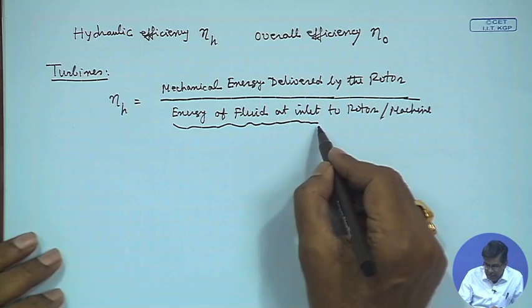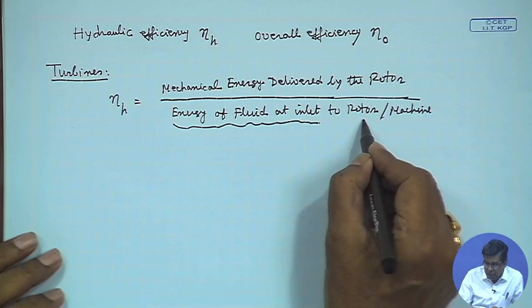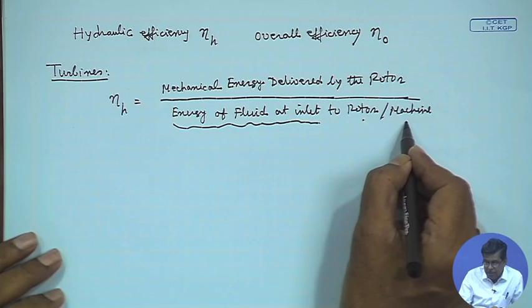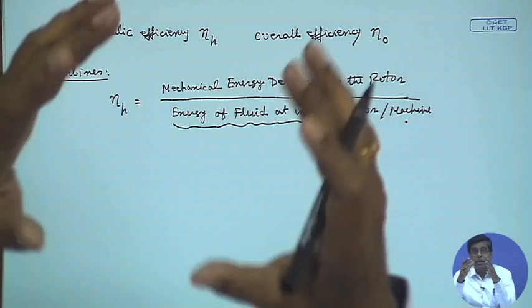Now, here the energy available at the inlet to the rotor and to the machine is the same, since the stator is a fixed member and does not move. So, there is no mechanical energy transferred. Therefore, if we neglect the heat loss from the machine and the viscous dissipation, the mechanical energy at inlet to the machine and at inlet to the rotor remains the same.